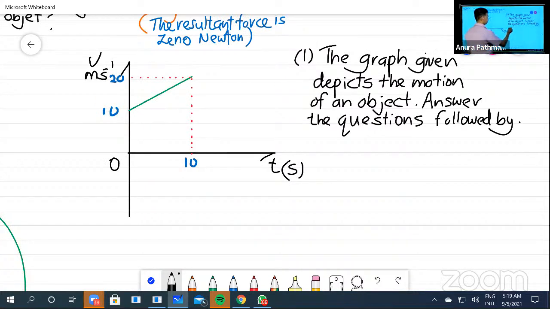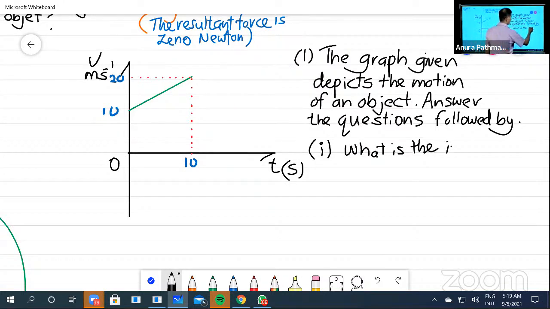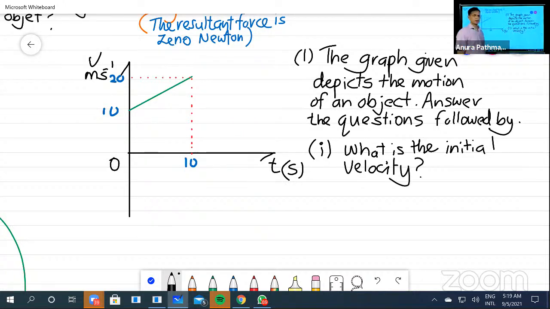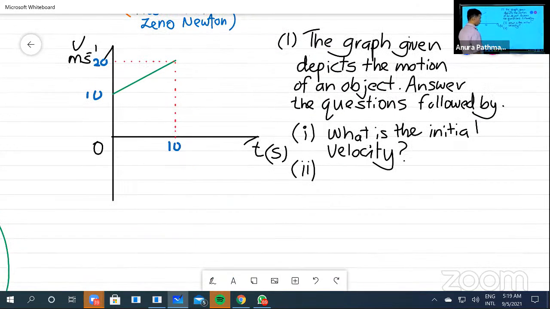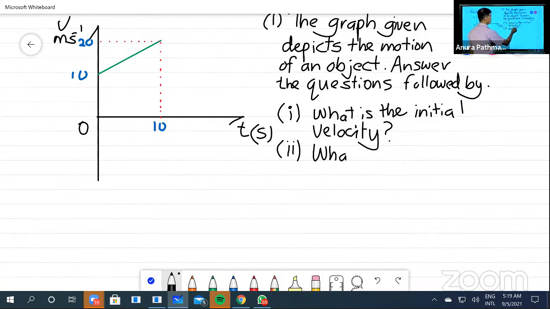Number one: what is the initial velocity? Second one: what is the final velocity?